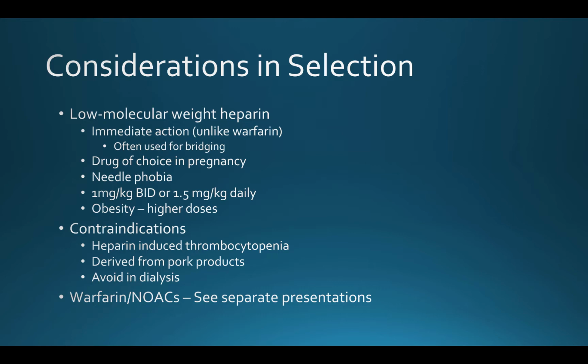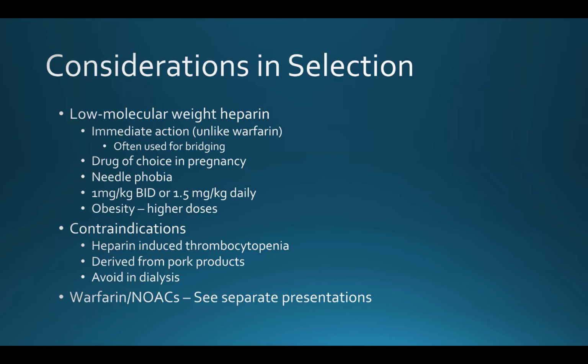Some contraindications, so if a patient's had heparin-induced thrombocytopenia, that's obviously a problem and a reason we wouldn't use a heparin-based product. Kind of a cultural type thing that you might see periodically, or maybe have been asked a question about periodically. Heparin-based products are derived from pork products.